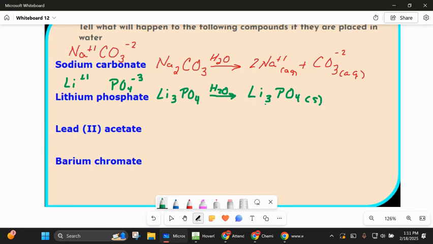Okay. I need a formula for lead 2 acetate. Jalen, can you give me the formula for lead 2 acetate? Okay, acetate. So when we create a balanced compound out of this, what do we get?